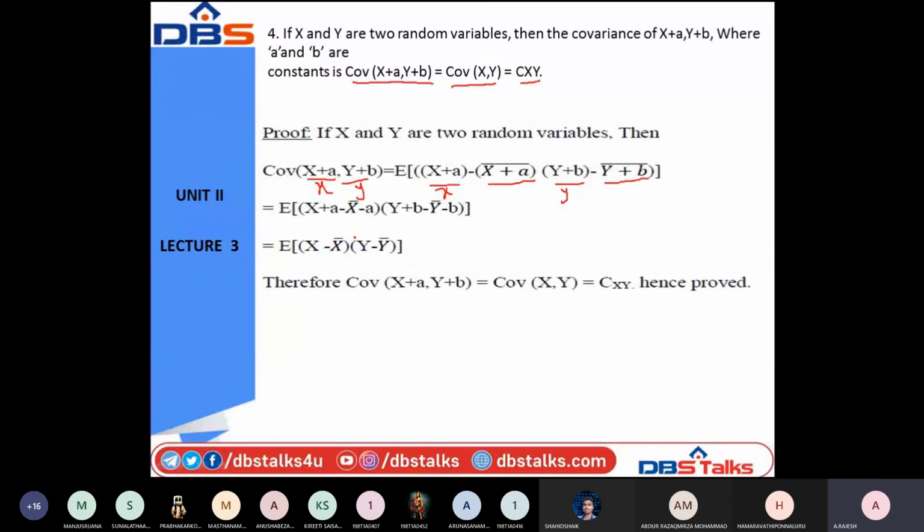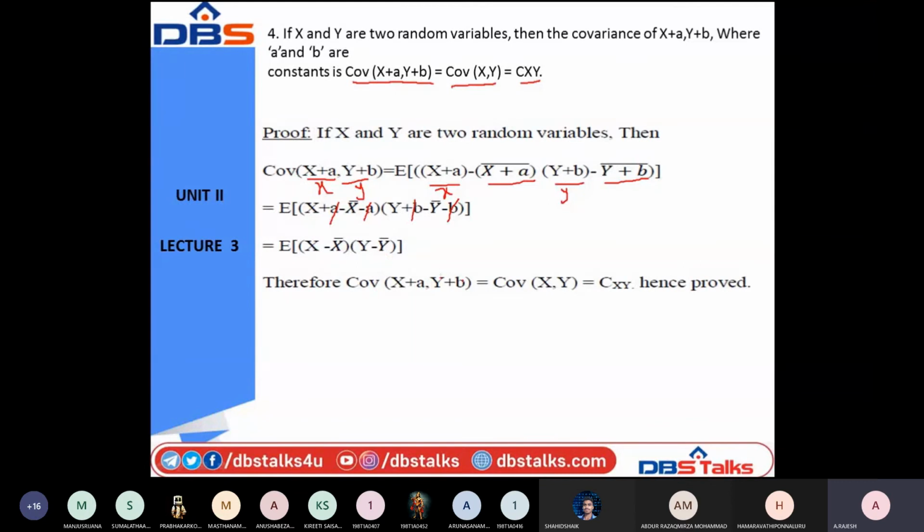So a and a, b and b get cancelled. That means expected value of X minus X complement into Y minus Y complement.